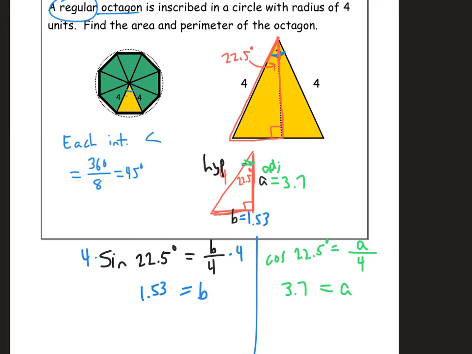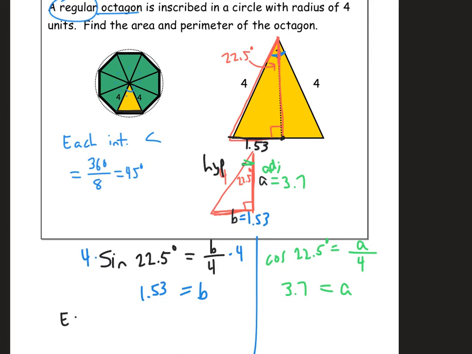Let's see what we got and start labeling some things. In the picture, this bottom length was 1.53, so the entire base of the triangle, if I double that, is around 3.06.